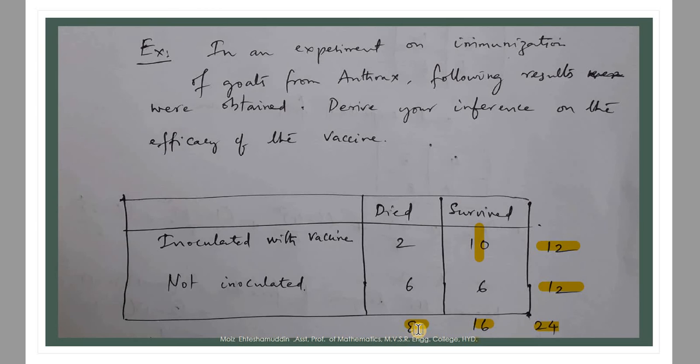So 8 have died and 16 survived. This is totaling to 24 goats, whereas in the other categorization 12 are vaccinated and 12 are not vaccinated. Now we want to know whether there is a dependency in the survival with respect to the vaccination. So survival, is it related to or dependent upon vaccination, we are trying to see.